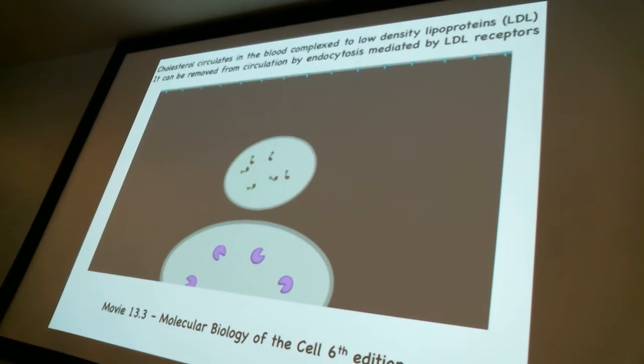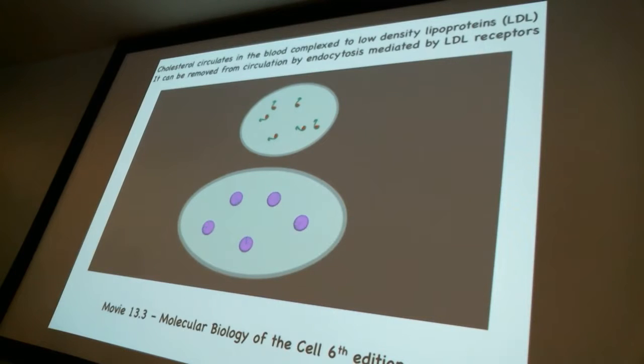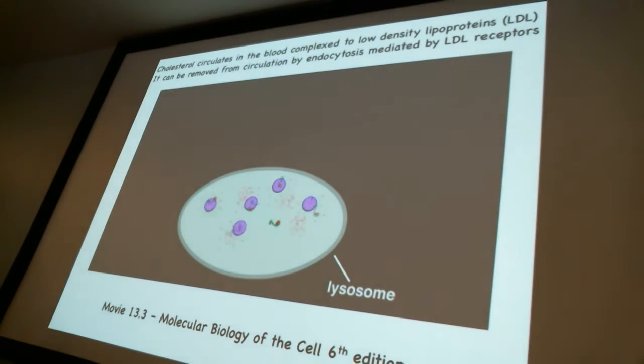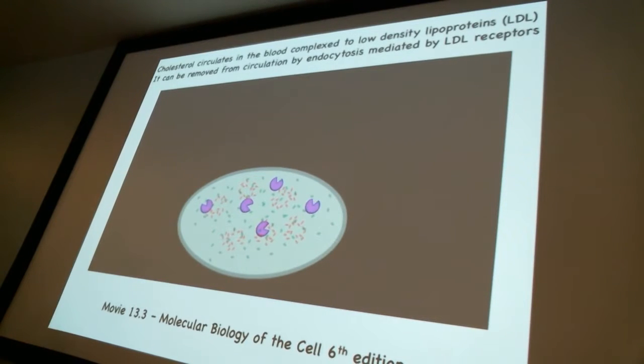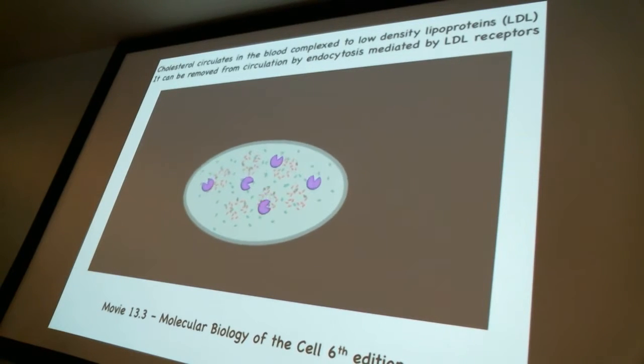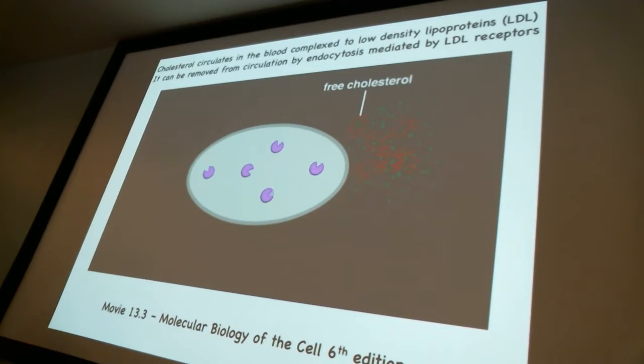Meanwhile, the LDL particles need to be disassembled. The endosomal content is delivered to a lysosome, which contains hydrolytic enzymes that can digest the particles. Free cholesterol is liberated, together with amino acids and small peptides generated by digestion of LDL proteins. The cholesterol is then released into the cytosol to be used in the synthesis of new membranes.